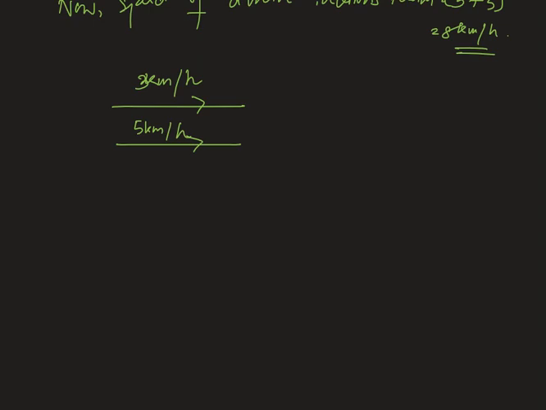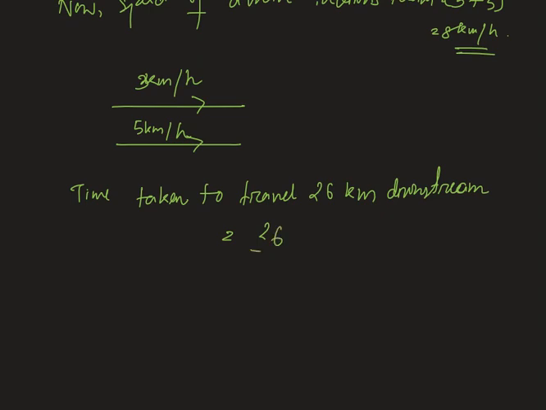Therefore, the time taken to travel 26 km downstream is 26 divided by 8, as to go 8 kilometers it takes 1 hour.